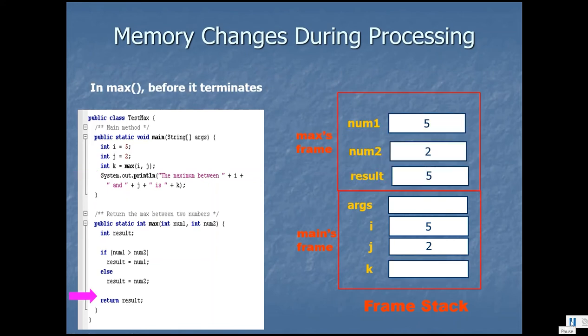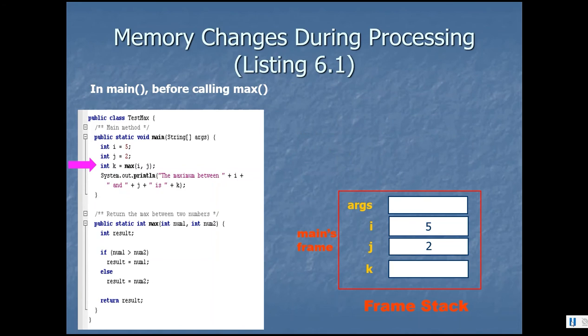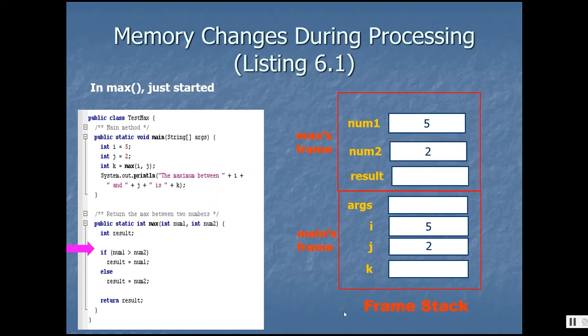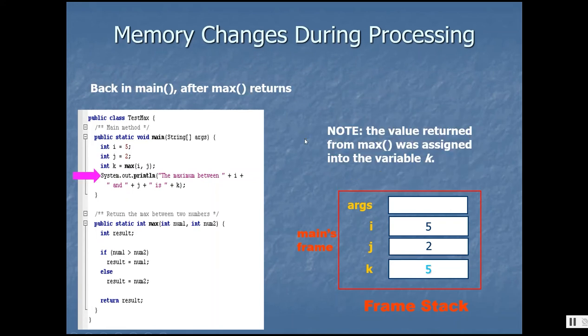Notice another thing that happened. So we made the call to max. Right before the call to max took place, we only had one frame on the stack. We made the call to max. Now we have 2 frames on the stack, and the top frame is max's frame. Max did its thing. It returned its value, and when it was terminated, the frame was popped off the stack.